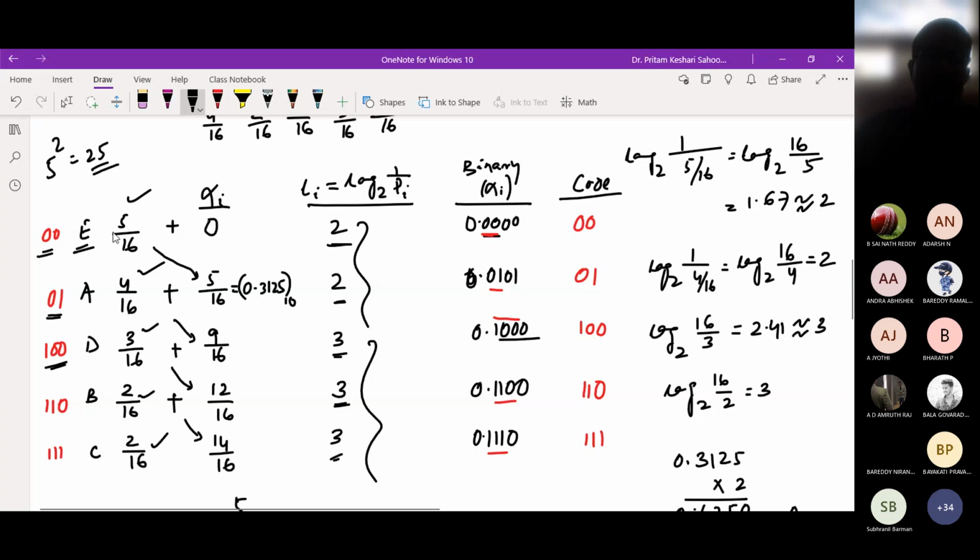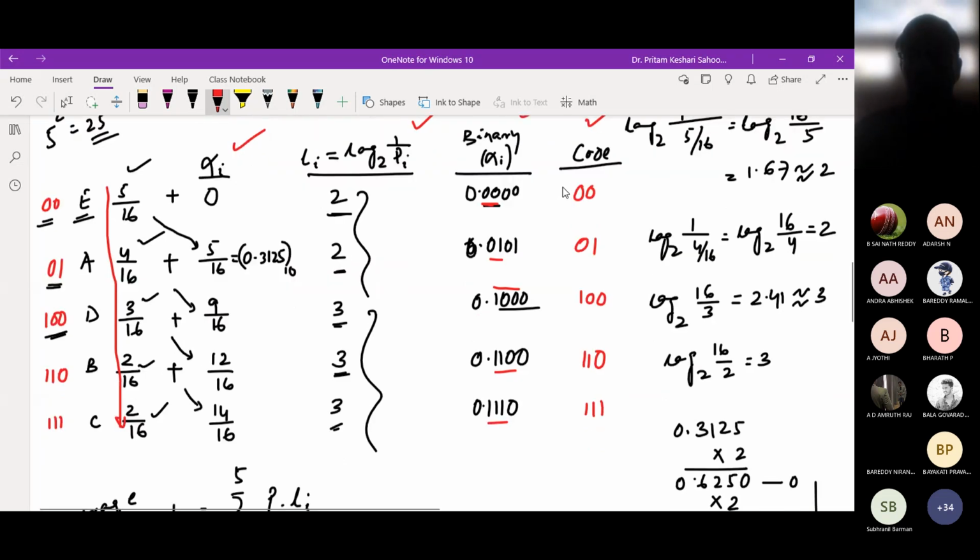That means you arrange all the probabilities in descending order, and you keep on calculating the value of alpha, and then you calculate the value of Li. Then you find the binary code and the code. Using the same process, you can do it.